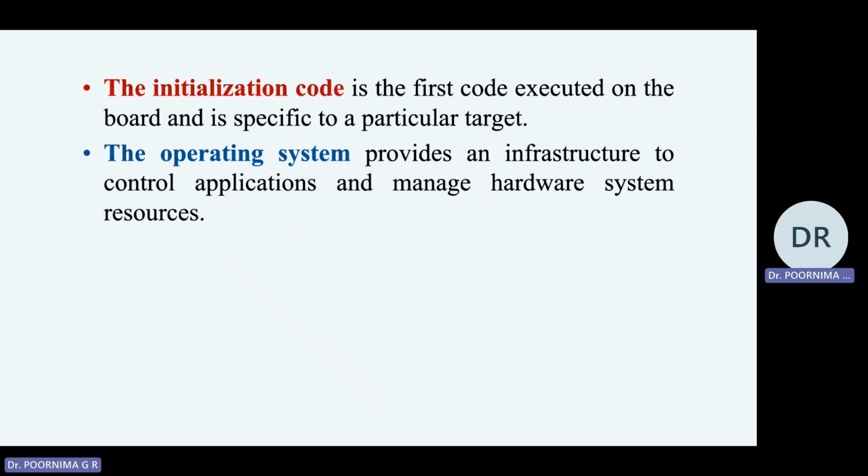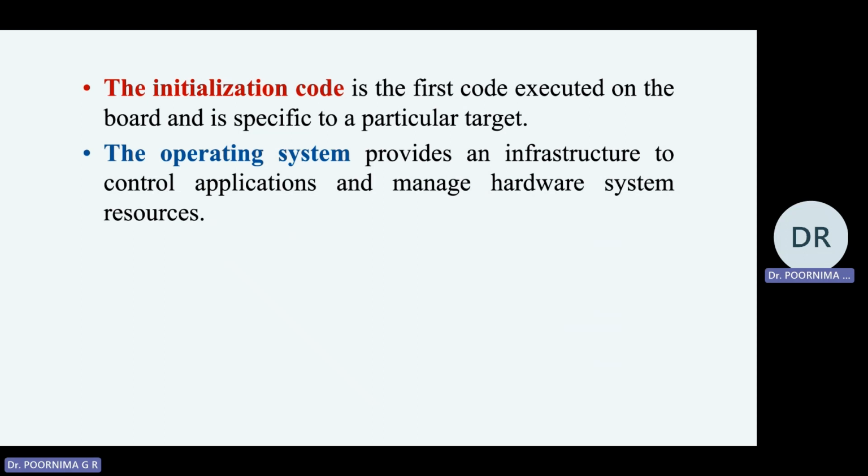When you look at any ARM processor, it supports more than 50 operating systems. We can divide all the operating systems into two categories: the real-time operating system and the platform operating system.